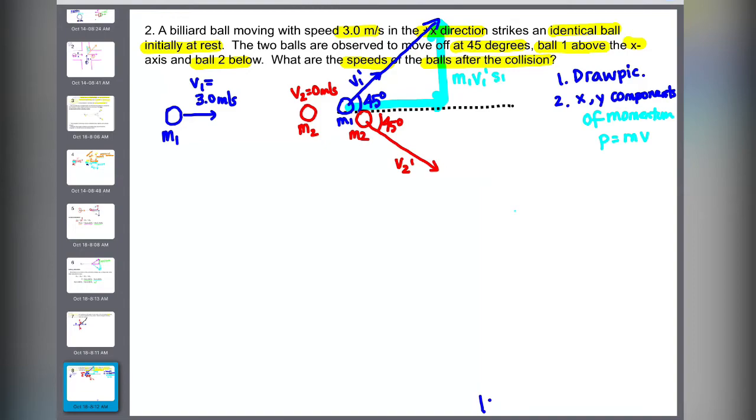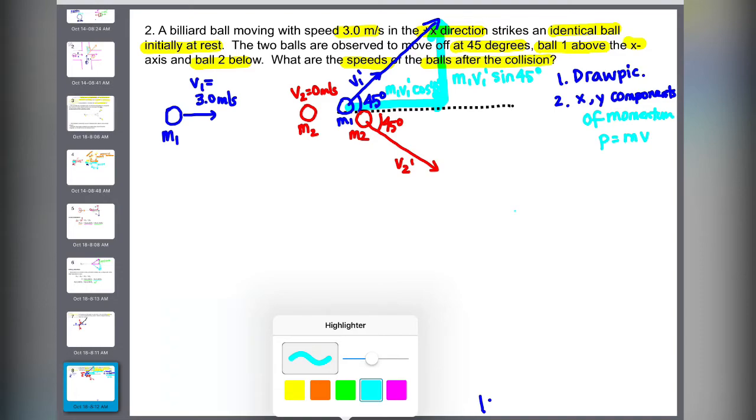It is opposite to the 45, so it's sine of 45. Along the x direction, it's the momentum, so m1 v1 prime. I have adjacent, so cosine of 45.